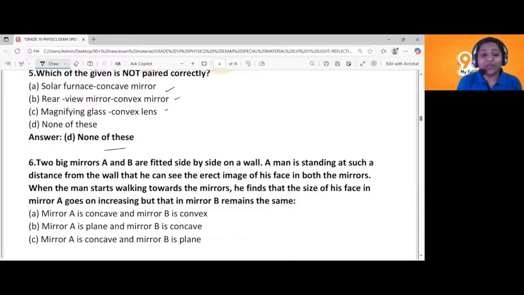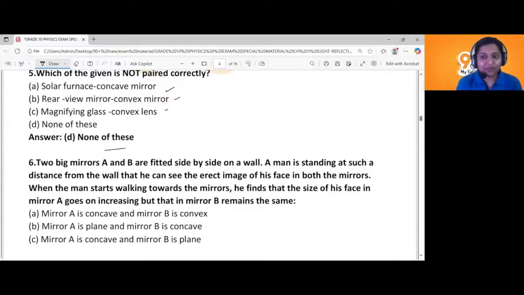And two big mirrors are fitted side by side on a wall. A man is standing at such a distance from the wall that he can see the erect image of his face in both mirrors. Erect image is formed in both mirrors. When the man starts walking towards the mirror, he finds that the size of his face in mirror A goes on increasing.